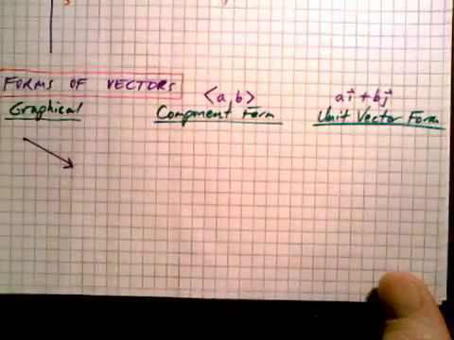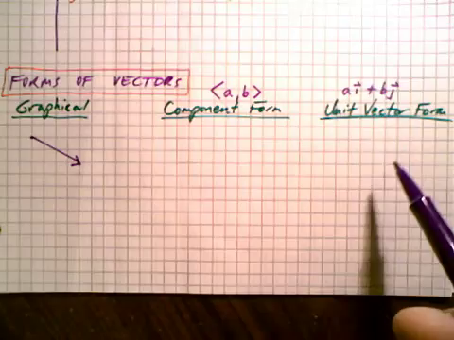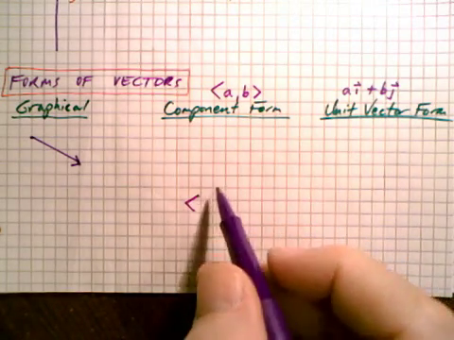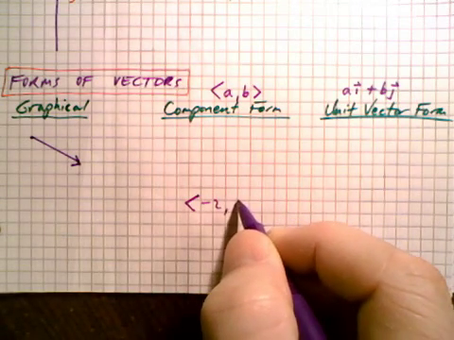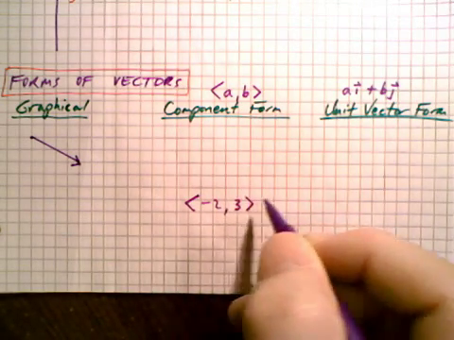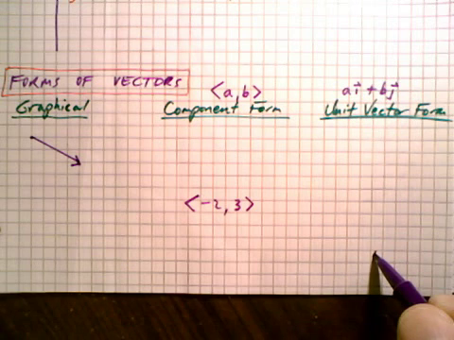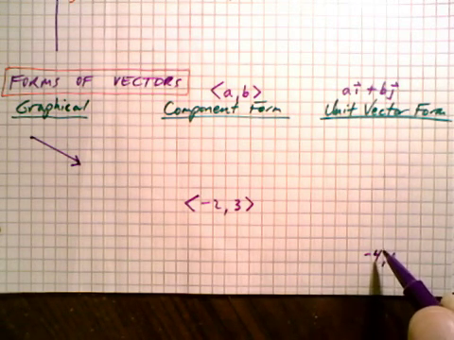Okay, so we're going to take this vector right here, and you're going to express it in component and unit vector form. Then we're going to take a component form, and I'm going to have you draw the graph of that vector, and we're going to go -2 comma 3. And then I'm going to do one more here: -4 comma 1.